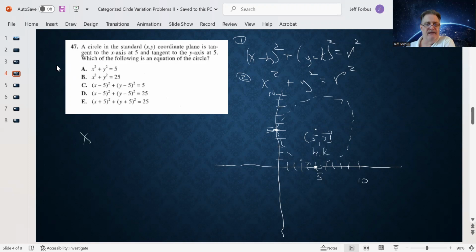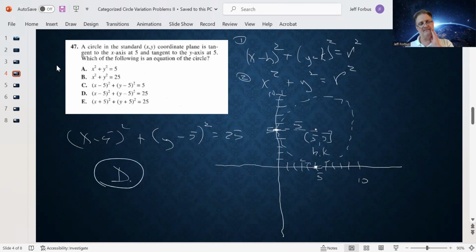So we would say x minus 5 squared plus y minus 5 squared is going to be equal to 25 because our radius goes from here to here, which is a 5. So it's going to be 25. And our answer choice is going to end up giving us answer choice D.